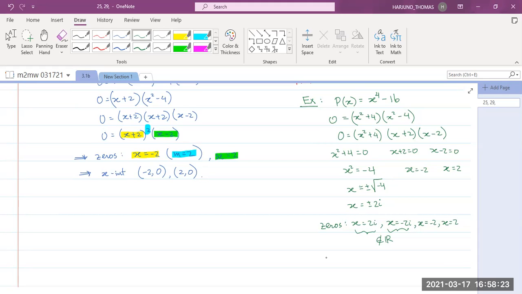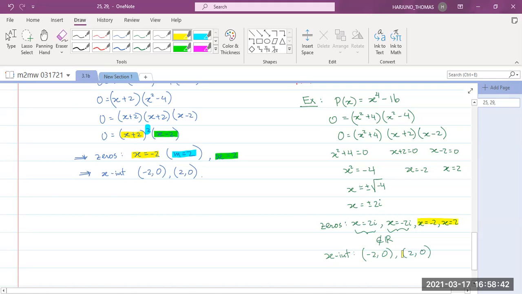So even though we have 4 different zeros, only the real ones translate into X-intercepts. The non-real complex numbers cannot become X-intercepts. That's why zeros and X-intercepts are not the same.